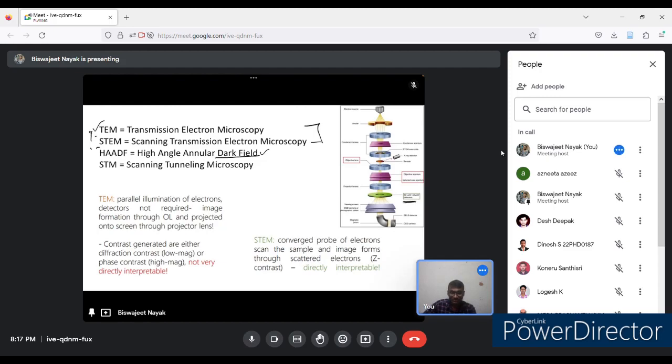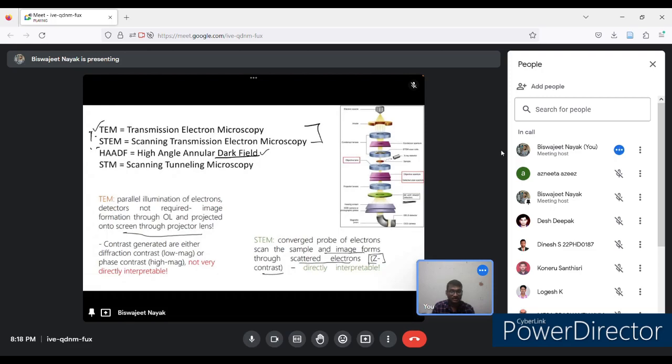TEM is basically parallel illumination of electrons. Detectors are not required here, and image formation is through the objective lens and projected onto the screen through a projector lens. The contrast generated is either diffraction contrast or phase contrast, which you will be reading in the future. In STEM, a converged probe of electrons scans the sample and the image forms through scattered electrons.